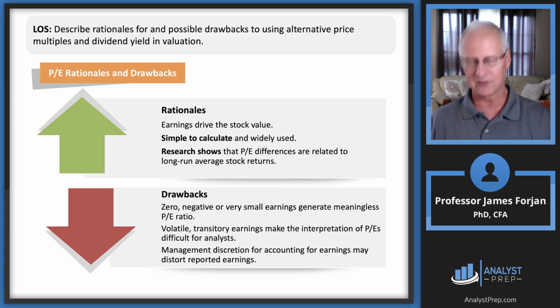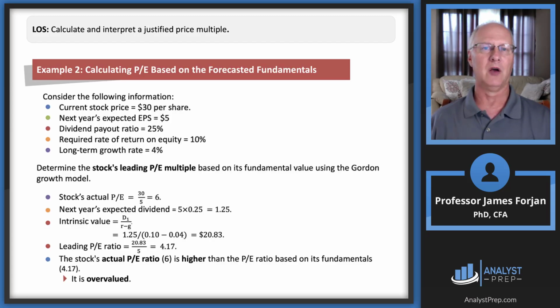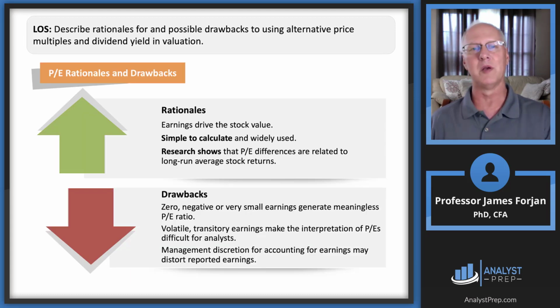So what was that last LOS? Interpret a justified price multiple. Well, just like when we compute the return on an asset, we have to worry about its standard deviation. Well, just like we worry about when we compute the PE ratio, we need to worry about volatility. And then remember, we had that one reading, and maybe it was a handful of readings on quality of earnings and persistence and sustainability and all that.